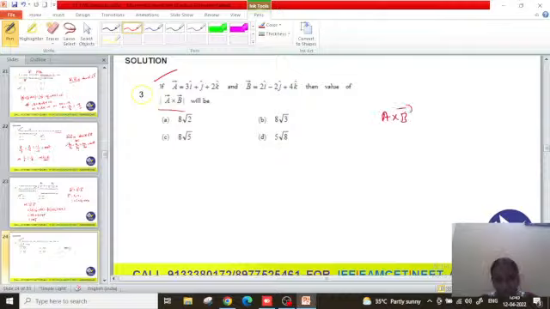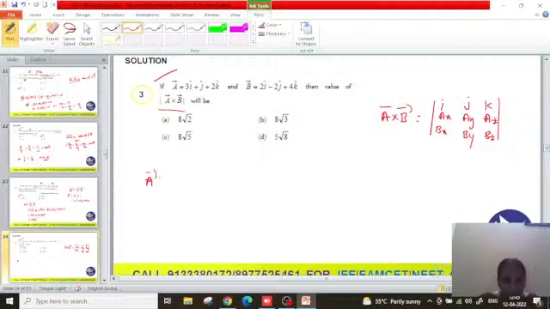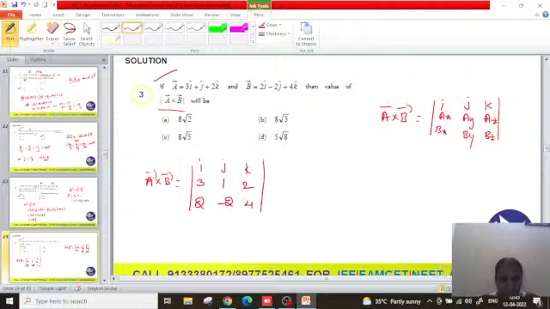A bar cross b bar will be equal to the i, j, k components we have to write, then ax, ay, az, bx, by, bz. The i, j, k components of vector A are 3, 1, 2. The i, j, k components of vector B are 2, minus 2, 4.